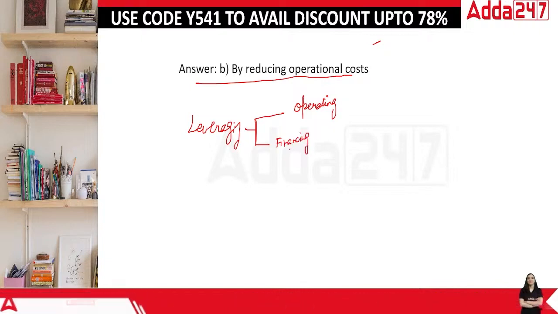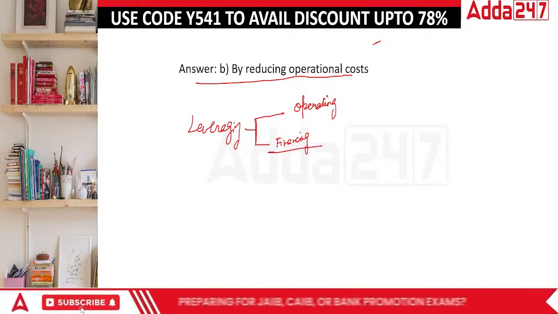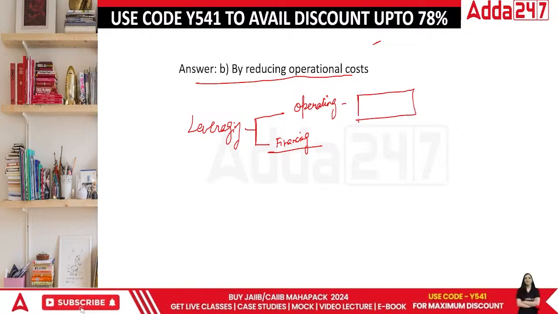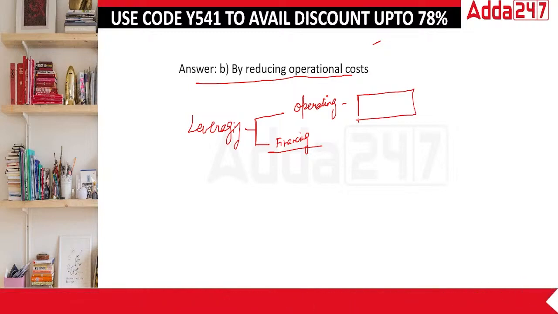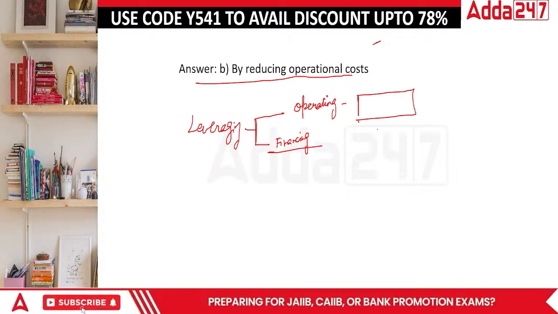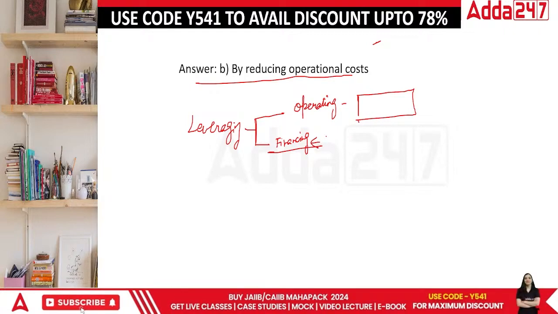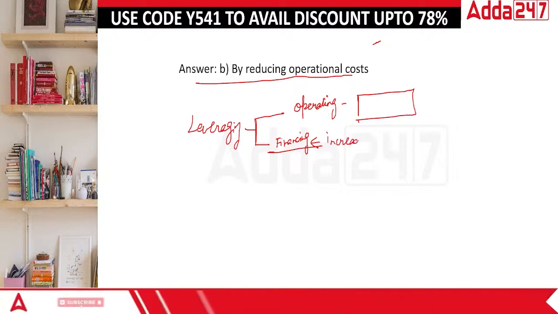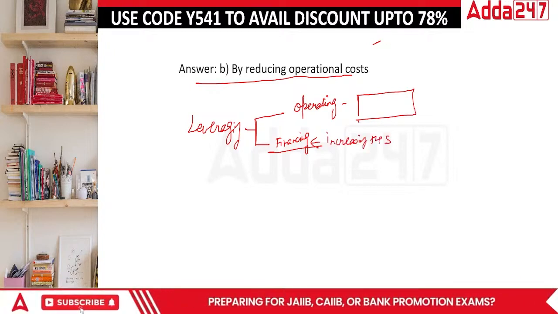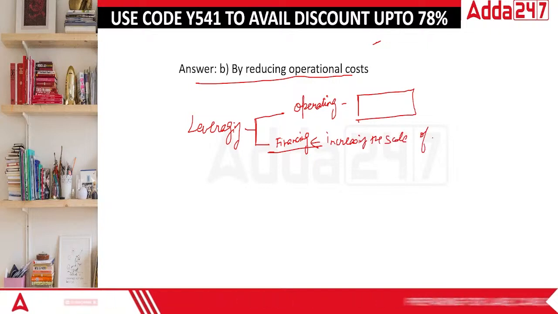This is operating leverage, your current working enhancement. Financing can be defined as when we are trying to put our money into our business by increasing the scale of operations. ठीक है ना?